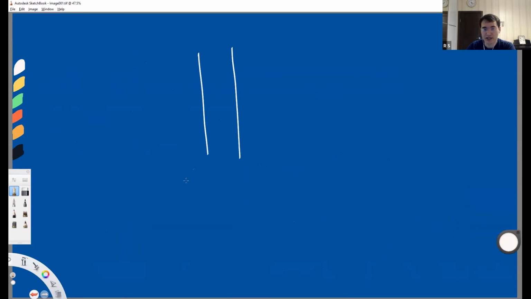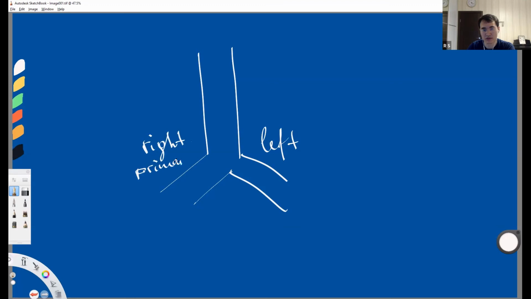We have the trachea here, and it divides into two bronchi, the left and right primary bronchus. If we talk about two bronchus, we say that it is two bronchi.